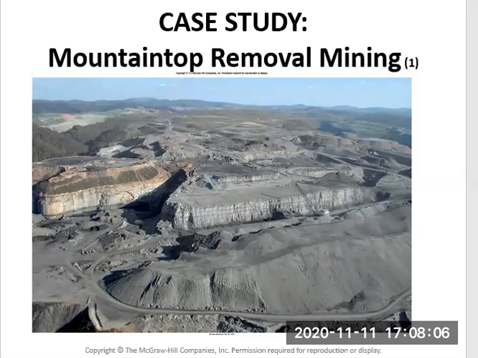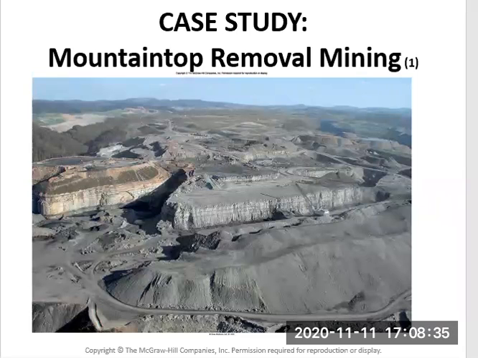So this produces far more coal per man hour than traditional underground mining and brings high profits to mining companies. Mountaintop removal mining, the MTR technique, is controversial because of the destruction it wreaks on the mountain as well as the water pollution.